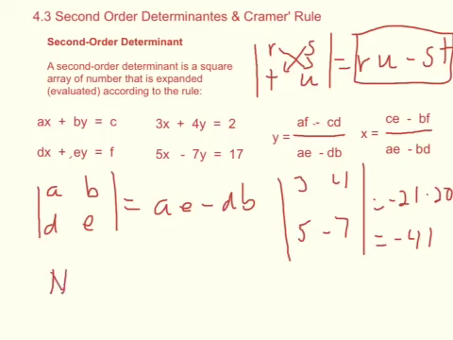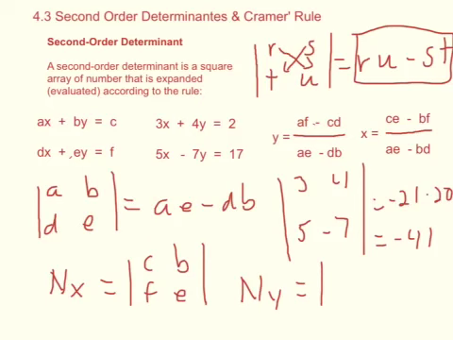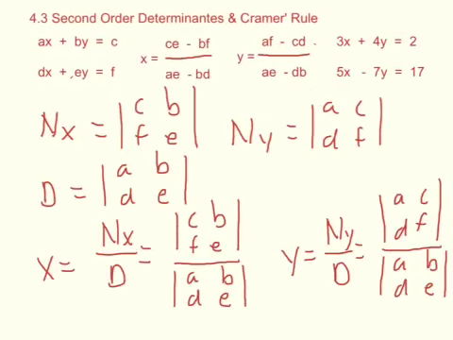The numerator for x now equals the second order determinant that has the array C, B, F, E. The numerator for y, second order determinant, A, C, D, F. So now at the bottom, if we want to solve for x, we take the second order determinant, the numerator of x, divided by the second order determinant of the denominator, right here.